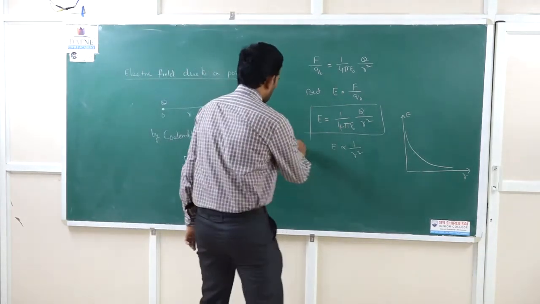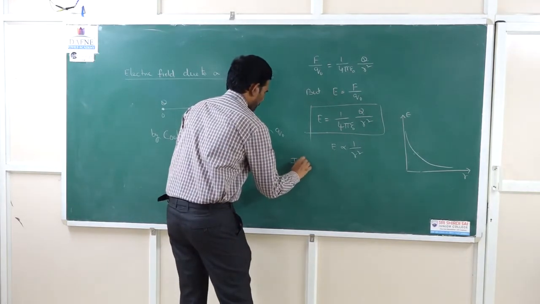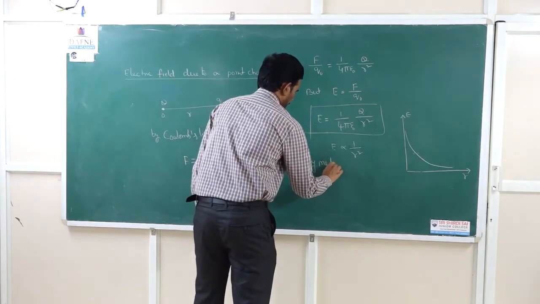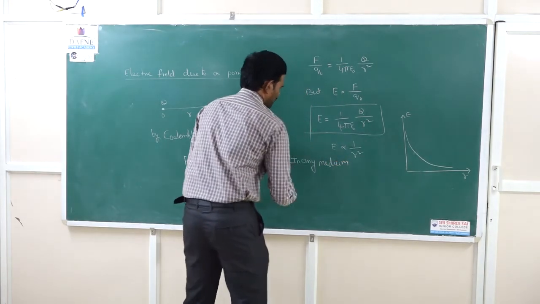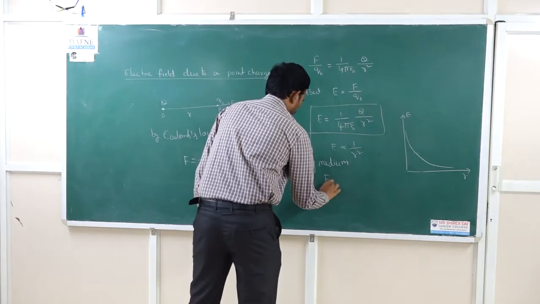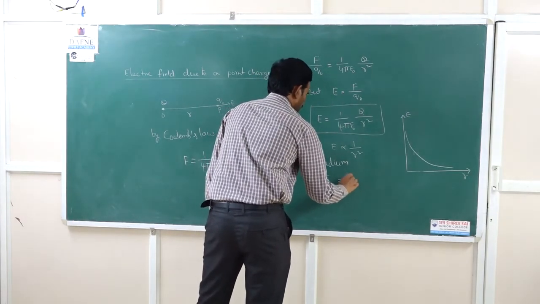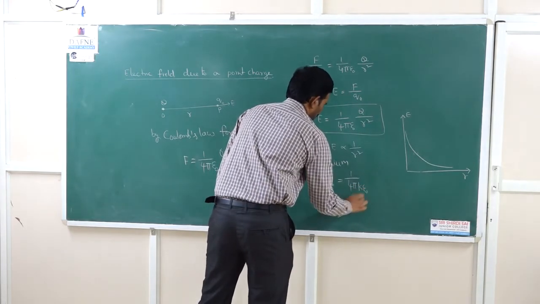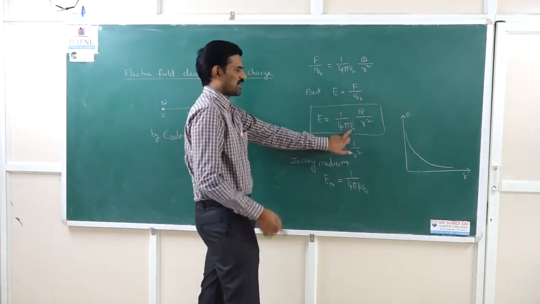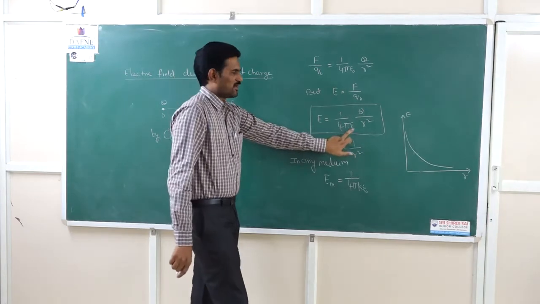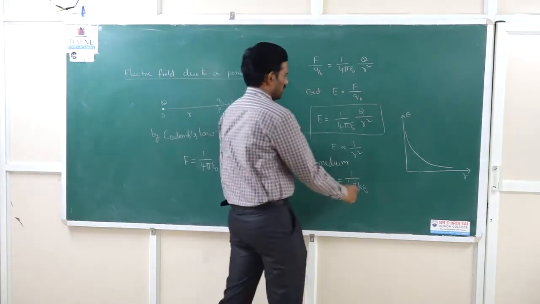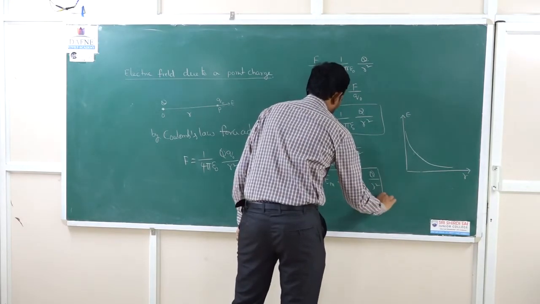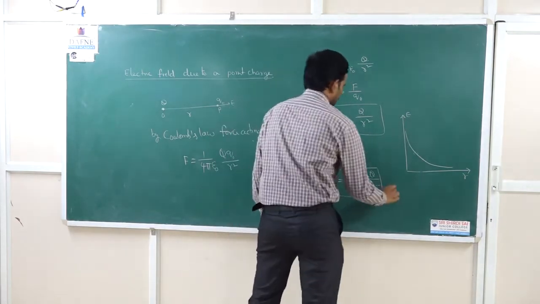So I will write here, in any dielectric medium, E medium is equal to 1 by 4 pi K epsilon naught into Q by r square. So this is the expression in a dielectric medium.